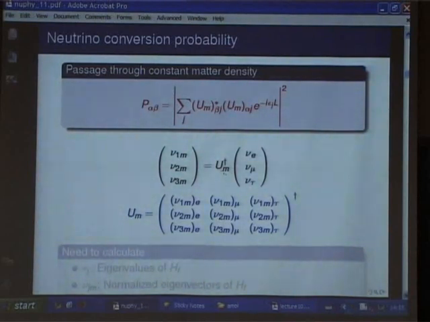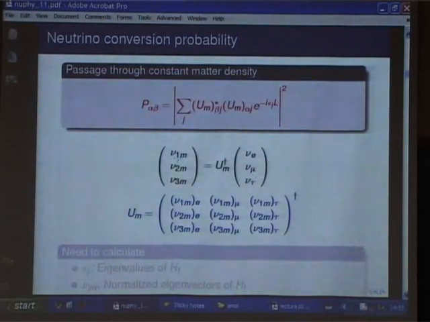Okay? So what is this U matrix? This mu e, mu mu, mu tau is Um times mu1, mu2 and mu3. Therefore mu1m, mu2m and mu3m, the three mass eigenstates, are given by Um dagger times mu e, mu mu, mu tau.